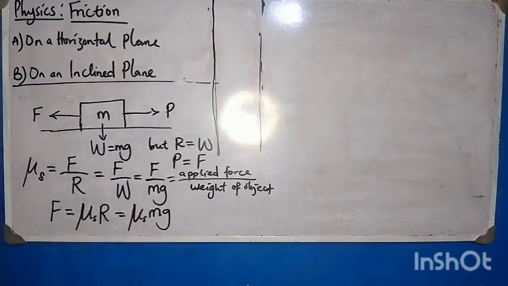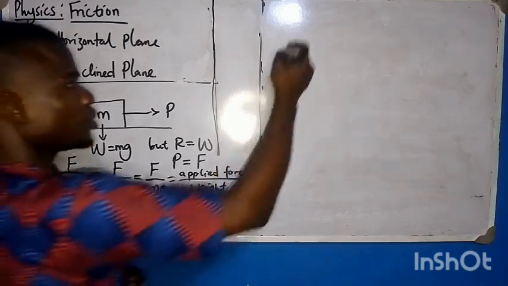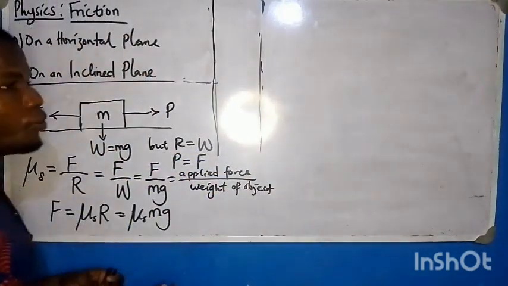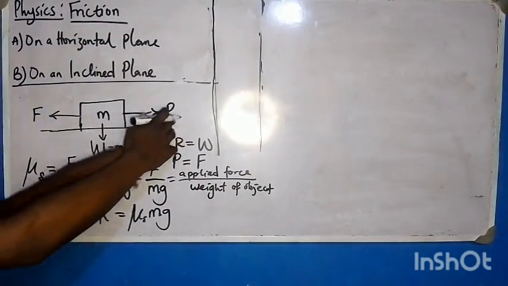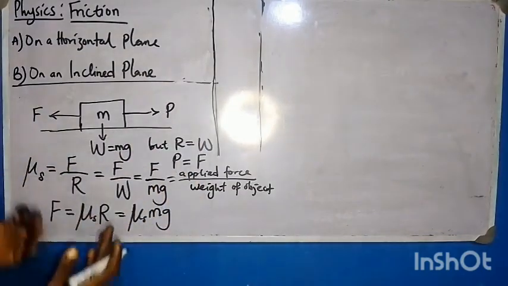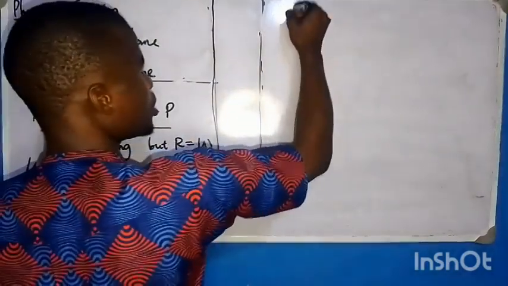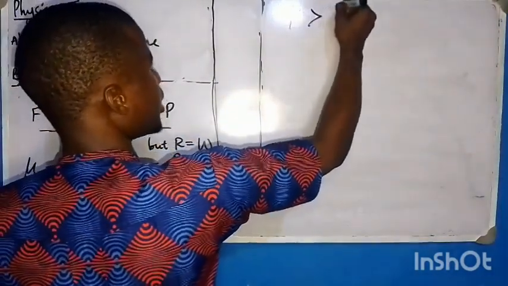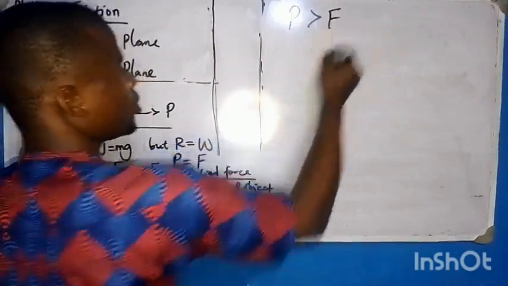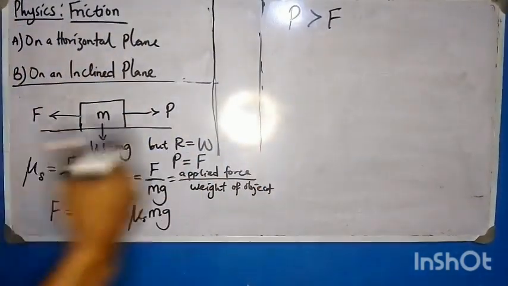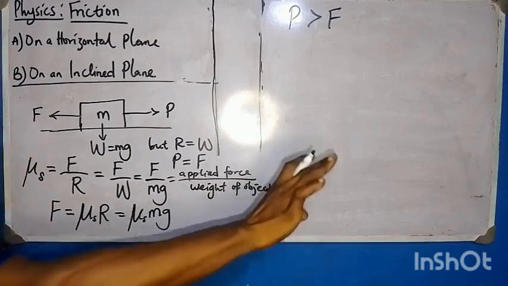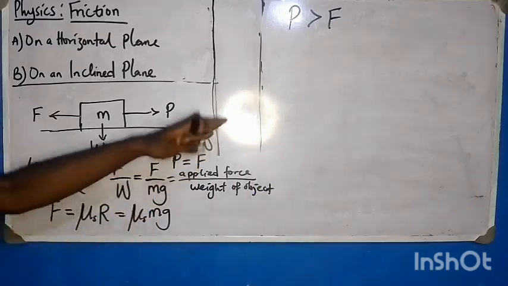But whenever the body starts moving, the applied force would be bigger than the frictional force. That is to say, P is now greater than F, because it has overcome the static friction and it's now in dynamic friction.